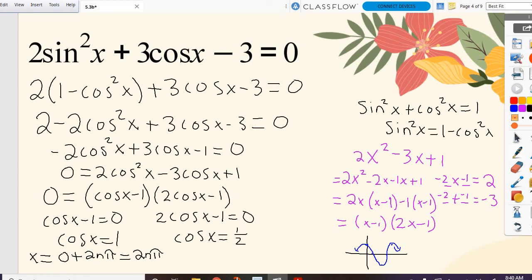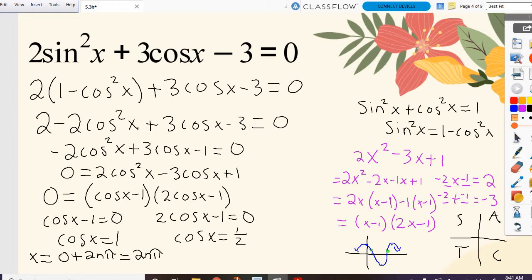Then our next thing that we're looking at is cosine of x equals 1/2. Again, we're going to have two places that occurs. So again, we could kind of try and figure it out from our graph, but it's not going to be quite as nice. So again, we can always refer back to our unit circle.